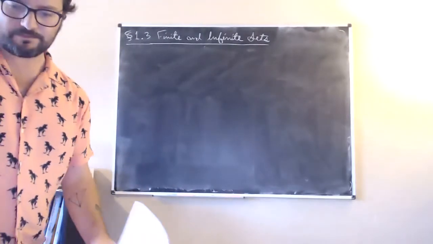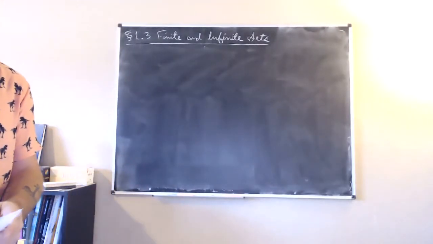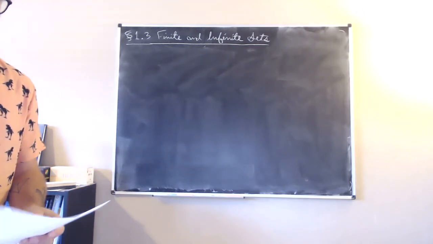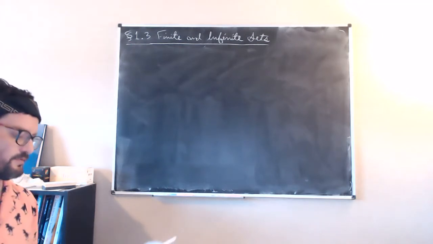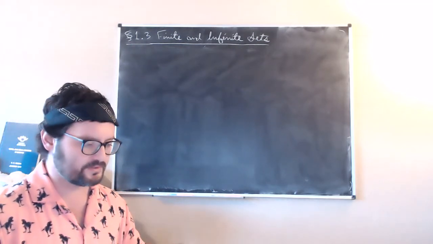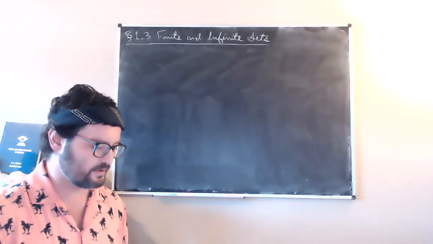Okay. And actually, I was going to continue going, but I think that is enough for today. I can split this section into two different lectures, and I think that's probably the best way to do it.